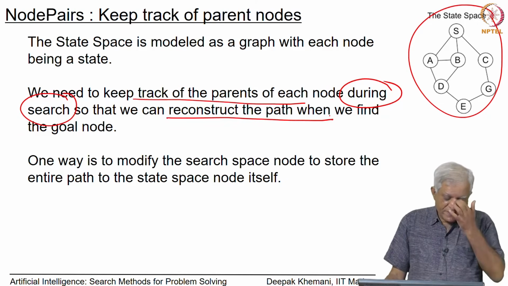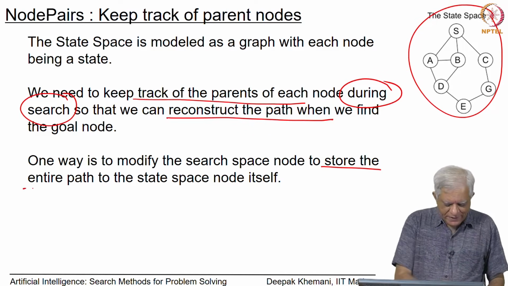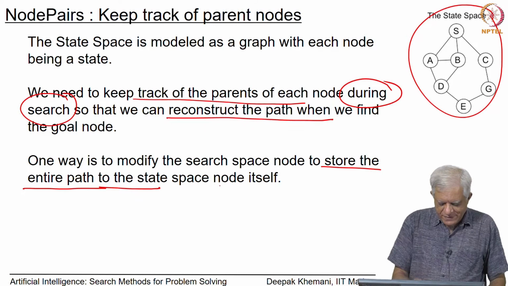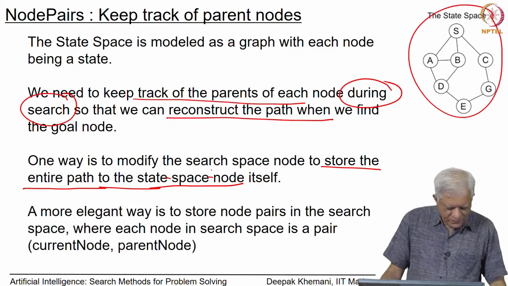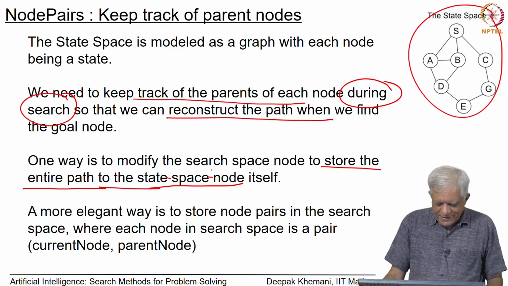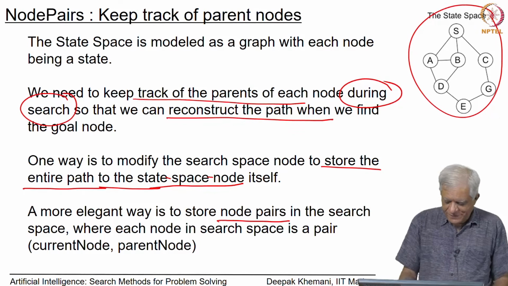One way to modify the algorithm is to store the entire path to the state space node in the search tree, but that is a little bit inefficient. What is more elegant is to store node pairs in the search tree.